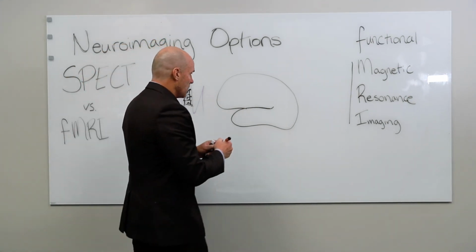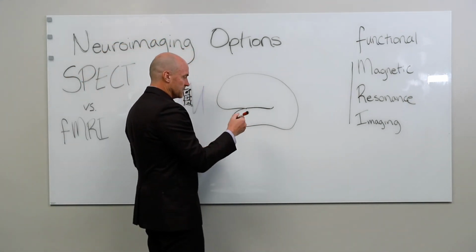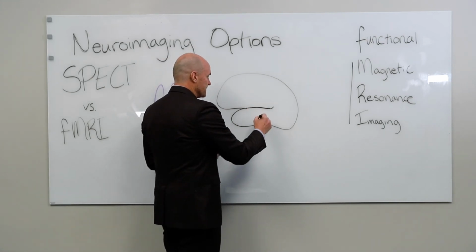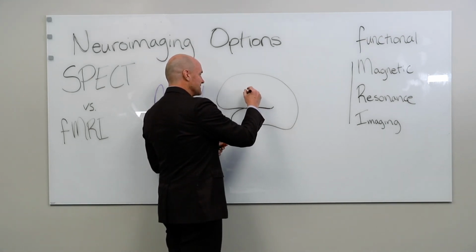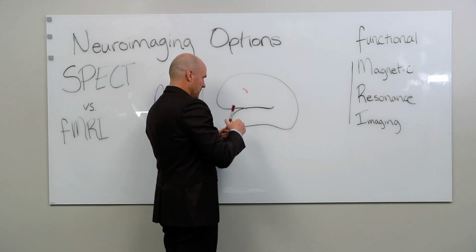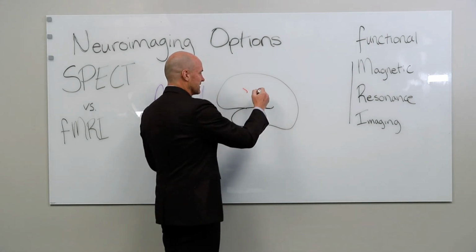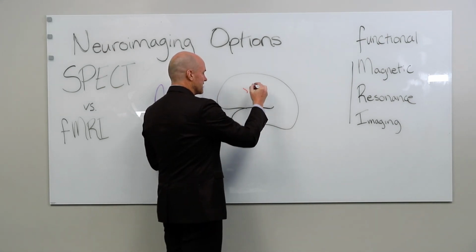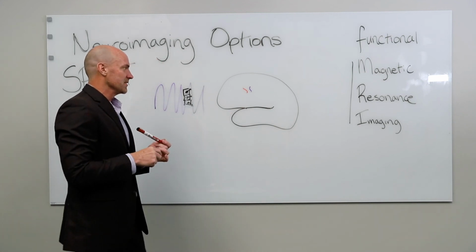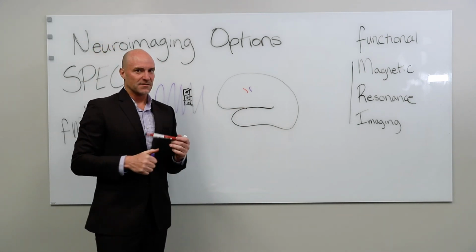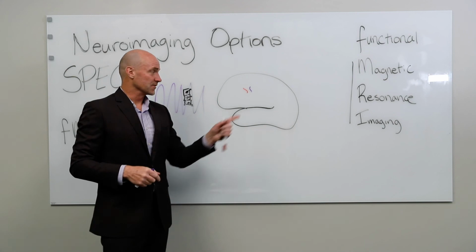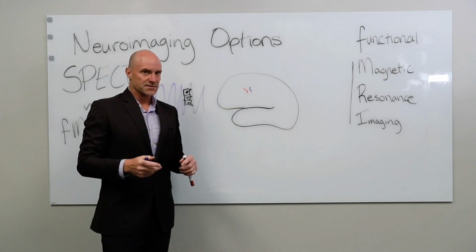Functional MRI works in a way that has to do with blood flow again, because the blood that has oxygen in it behaves magnetically different from blood that doesn't have oxygen in it. So that purple will be the blood with less oxygen, deoxyhemoglobin. The red is blood with oxygen.